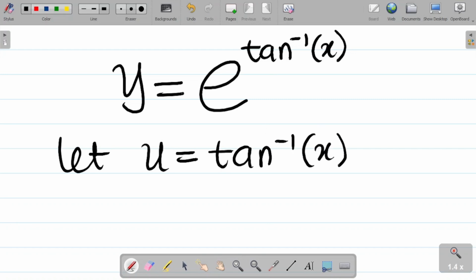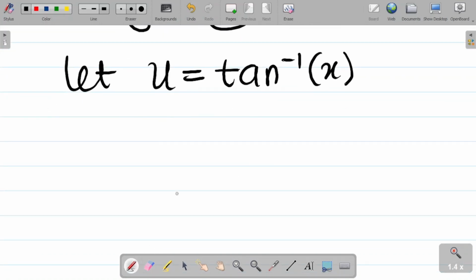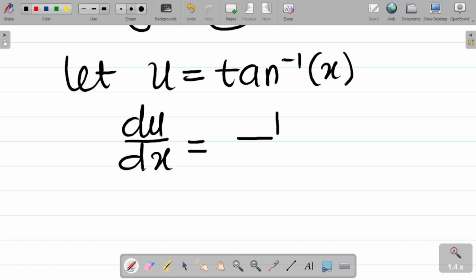All right, your next task now is to find du/dx. That means differentiate u with respect to x. So I have that du/dx is equal to, in our previous classes we've discussed the concept of inverse trig functions, and we said that if you find the derivative of tan inverse of x, your answer would be 1 all over 1 plus x squared.